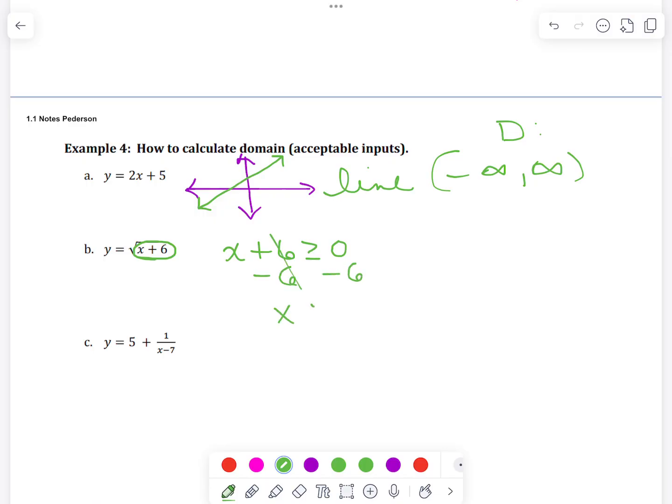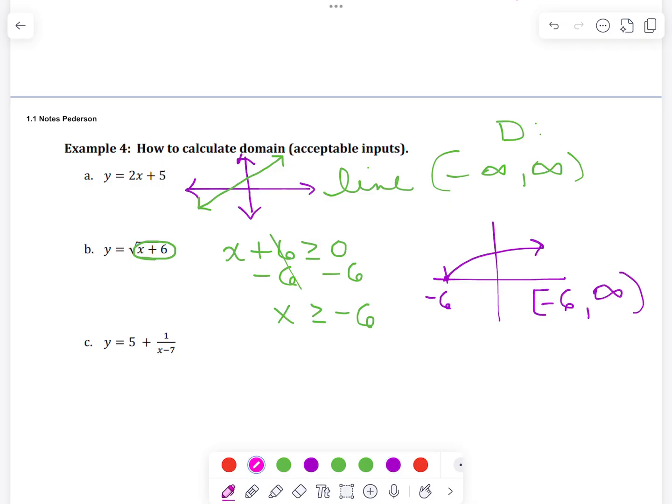So I say my domain is going to be everything greater than or equal to negative 6. What it would look like on a graph, if we were to graph this out, is it would be over negative 6 here. And this is what it would look like. If you want to say the domain as an interval, it would be negative 6 to infinity.